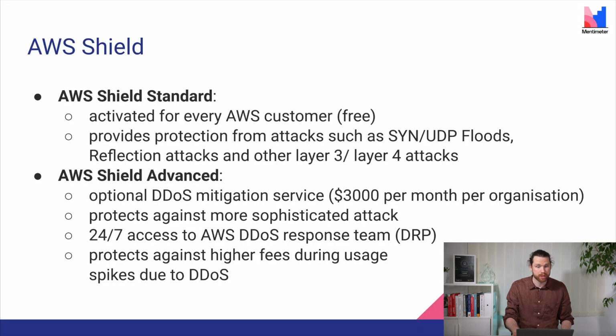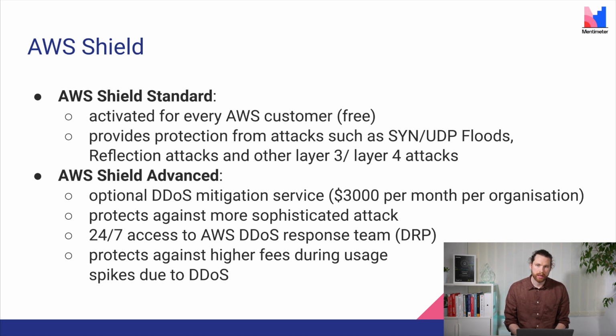Next one, AWS Shield. Now, as AWS is a public cloud provider, it operates with a multi-tenant model. That means that we run our own workload, sometimes literally on the same hardware as our neighbor, and if somebody attacks me, it might affect my neighbors as well, which is really not something that AWS would like us to experience.